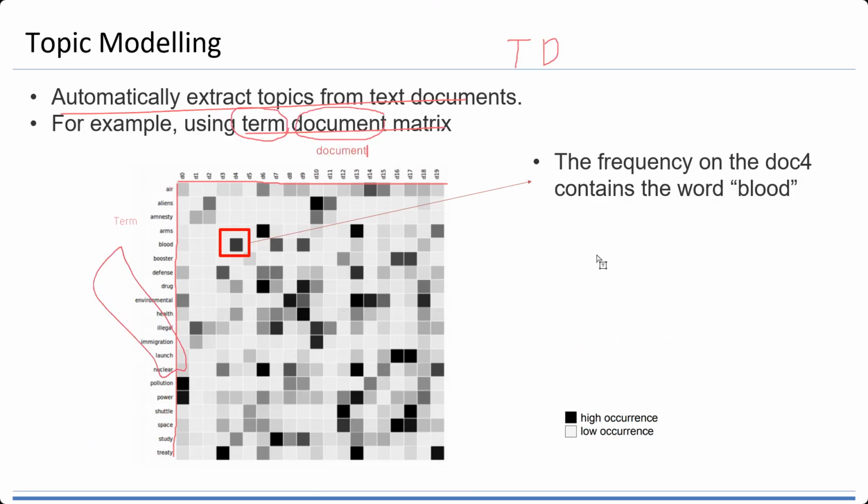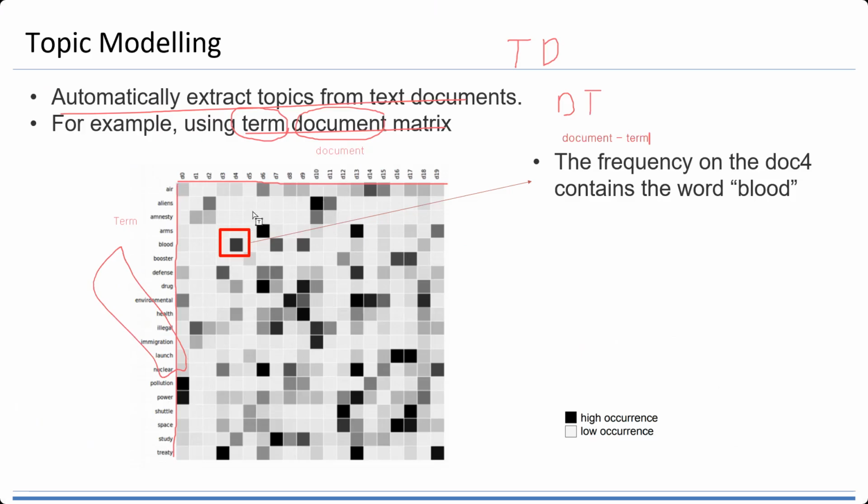But in other cases, there will be a DT, which means document term. Term means the word. Document means a document that has many words, many terms.